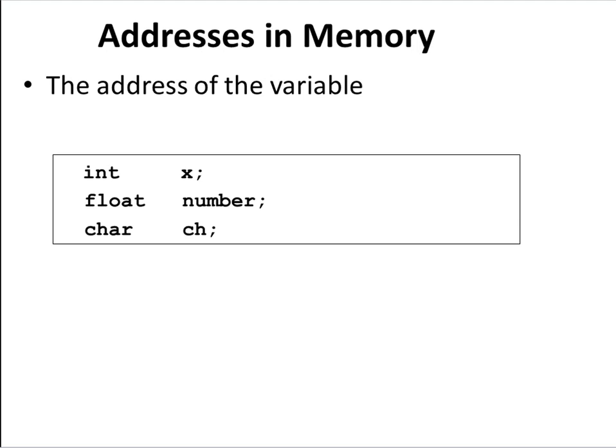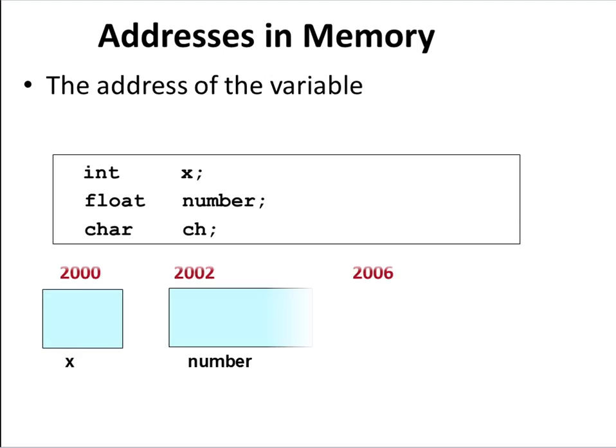Just see there, this is an example of the memory addresses of the variables. For example, integer x, float number, and character. These three variables of three different types are declared here. When these variables are used in a program, they require some memory. Your compiler allocates the memory and gives that memory location to the name of the variable. Here 2000 is the address of the x variable or memory location address.